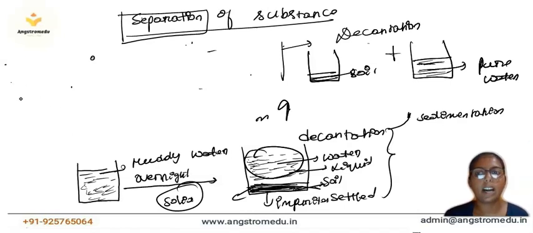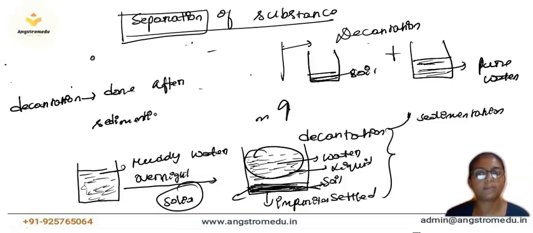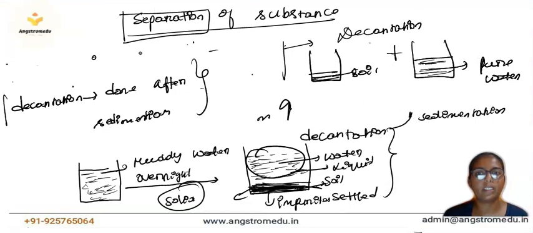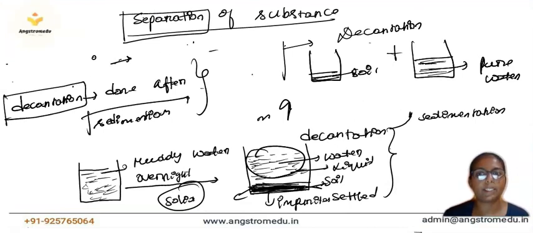So we know that decantation is done after sedimentation. So to separate the impurities, the soil, from the muddy water, the processes used here are decantation as well as sedimentation. So these two processes are used.